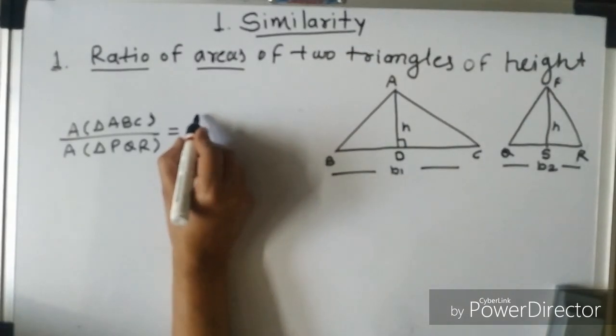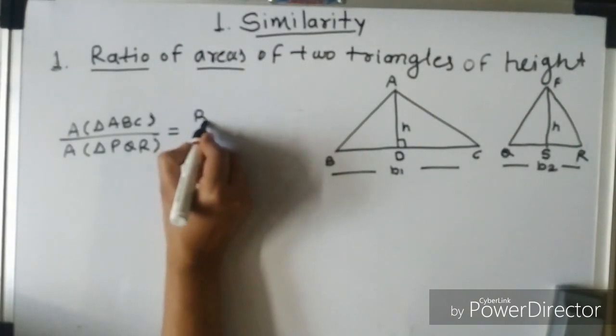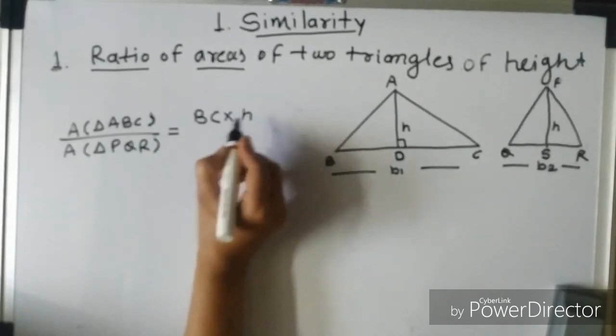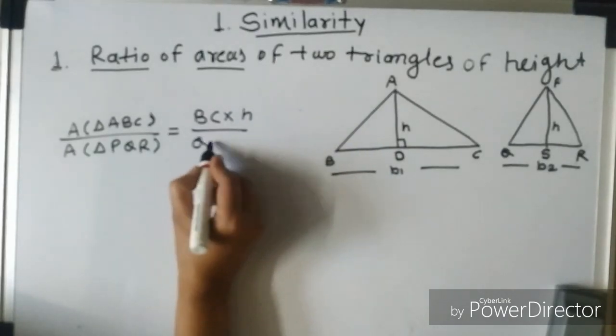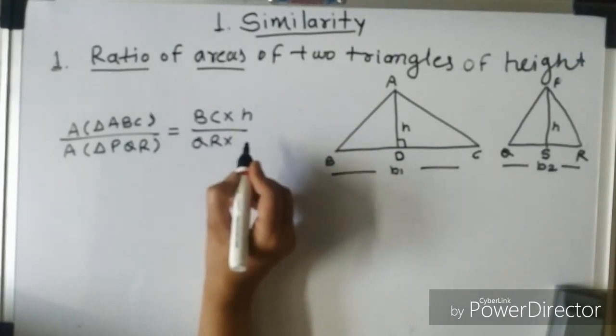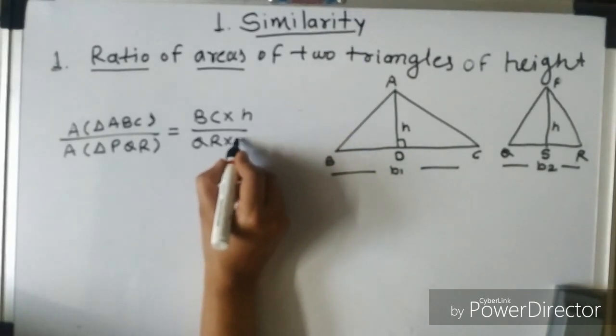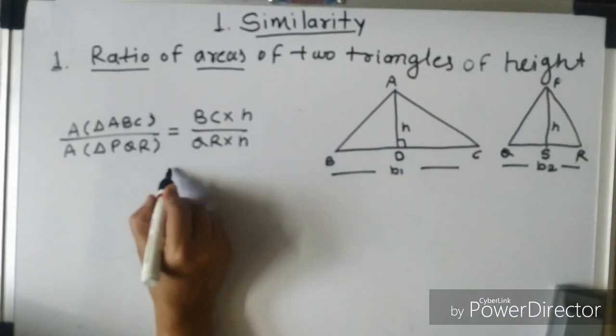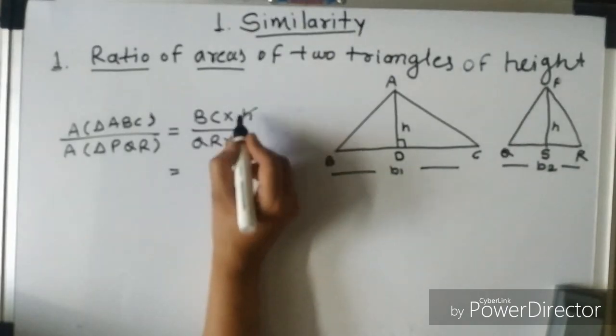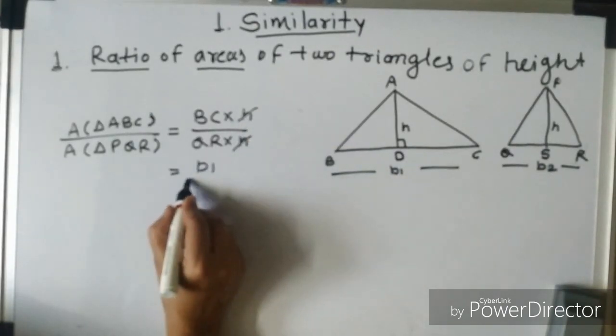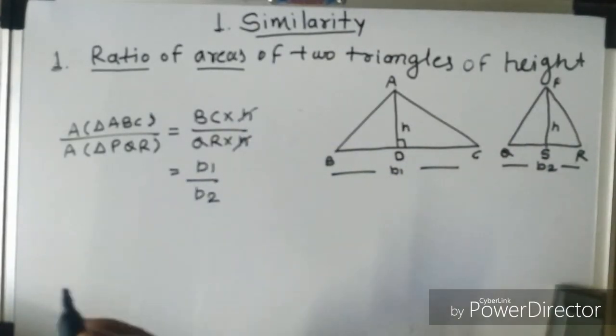So we can write it like this: BC into its height H and QR into its height, also H. H gets cancelled and we finally get B1 by B2.